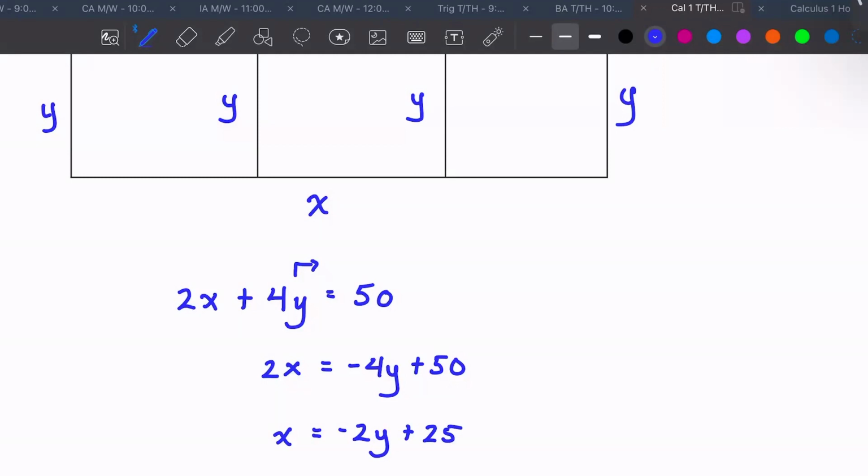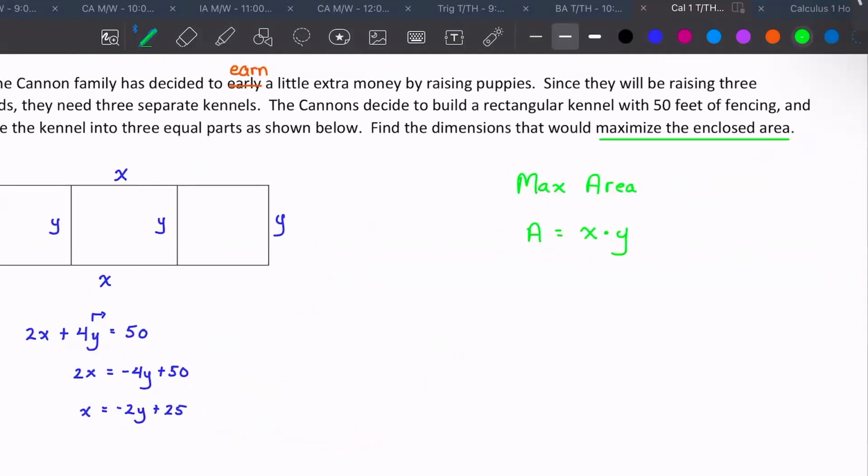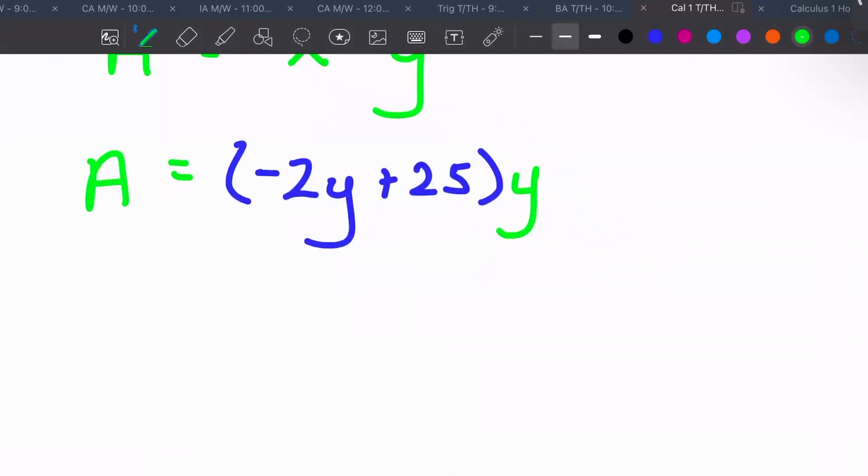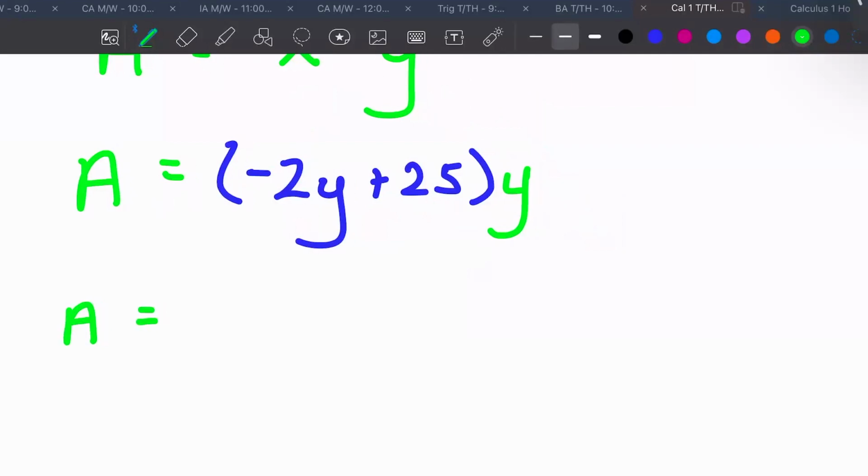So, kind of like we just did on the other problem, I'm going to plug in negative 2Y plus 25 for X. Okay. I'm going to clean it up and get negative 2Y squared plus 25Y.